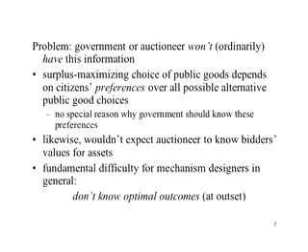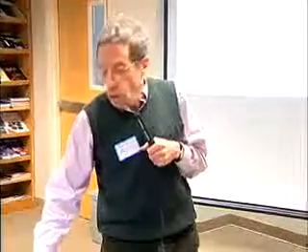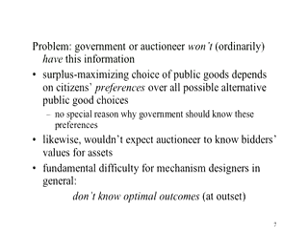In the case of the government, the surplus maximizing choice of public goods depends on citizens' preferences, and there's no particular reason why the government should know these preferences in advance. Similarly, there's no reason why the auctioneer should know buyers' values for the assets being sold.